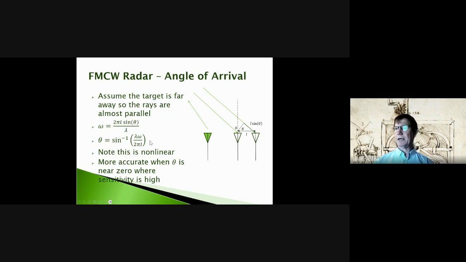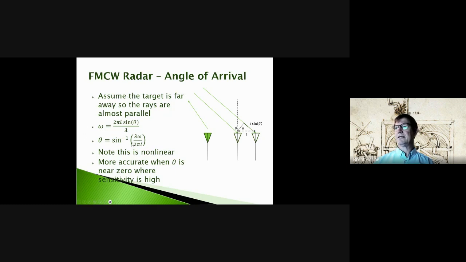And what we can conclude here is that, I'm just going to kind of state it, the measurement is going to be more accurate when theta is near zero, where the sensitivity is high. When we get out here, it's going to be a little bit harder to measure the distance.